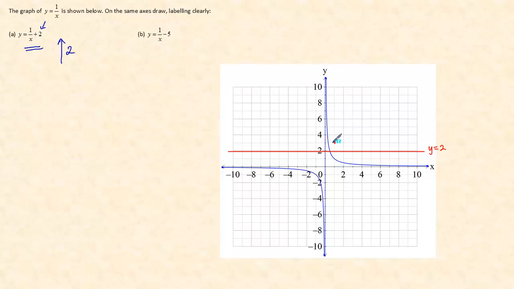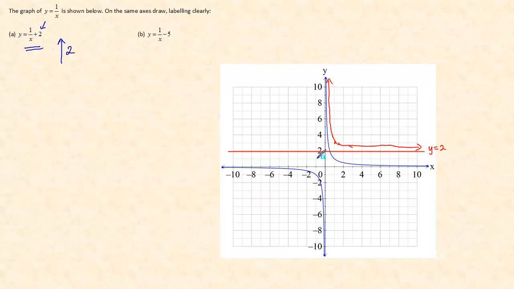Remember, it's moved upwards. And then it's going to have the same vertical asymptote, so it's going to come in and tend to the y-axis. But along here, it's going to tend to the line y equals 2.